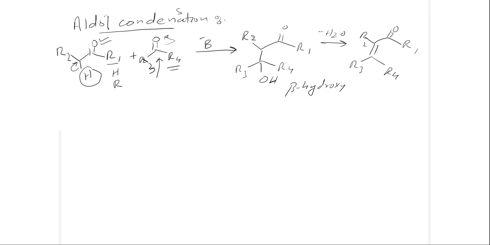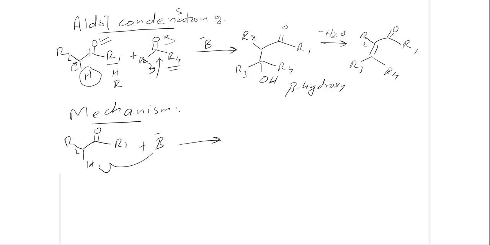And if we talk about the mechanism for this reaction, what will be the mechanism of the aldol condensation reaction? In our case, this is R1, this is R2, and an alpha hydrogen atom is present here. In the presence of a base, the base will abstract this alpha hydrogen atom and the bond will break towards carbon.